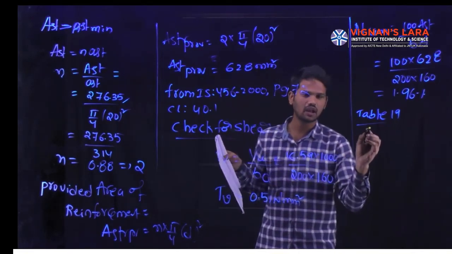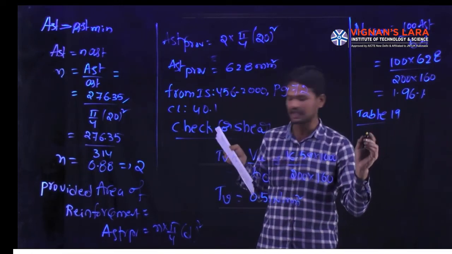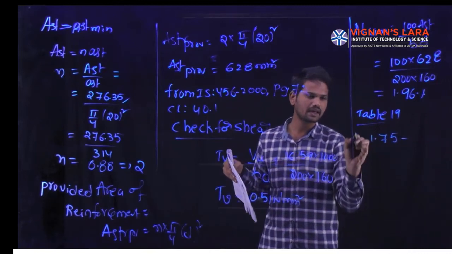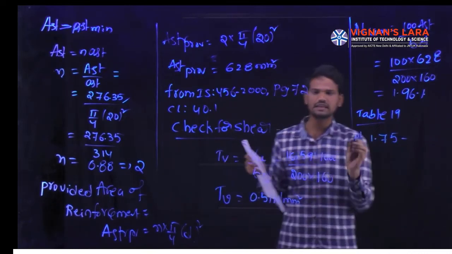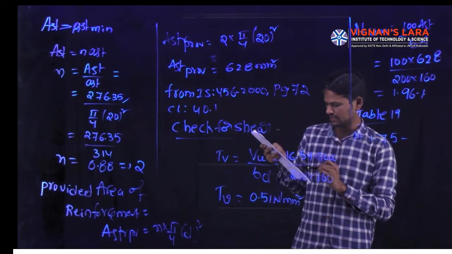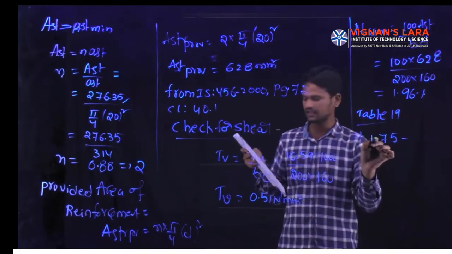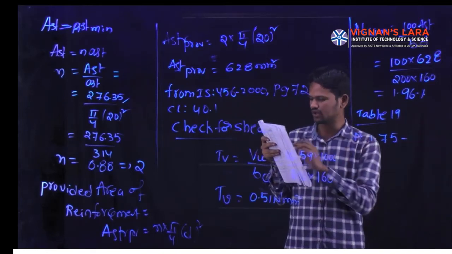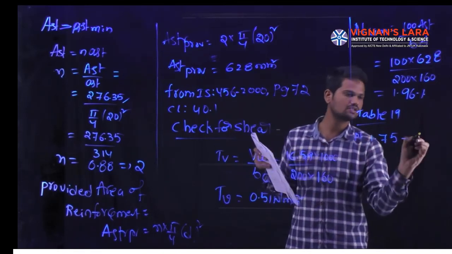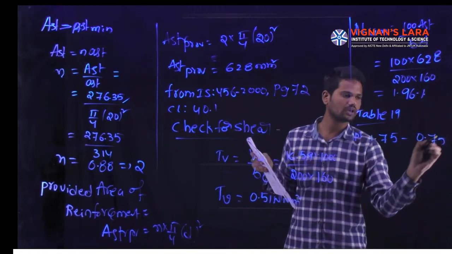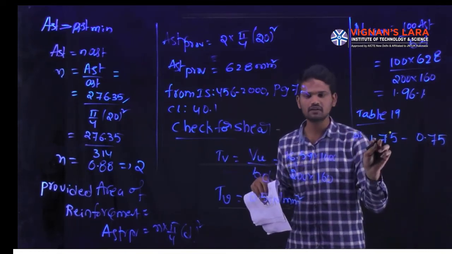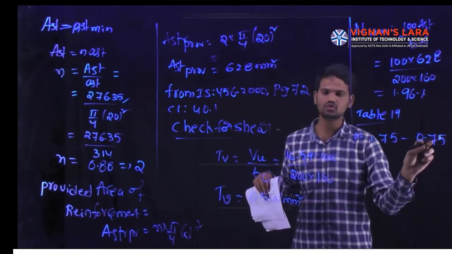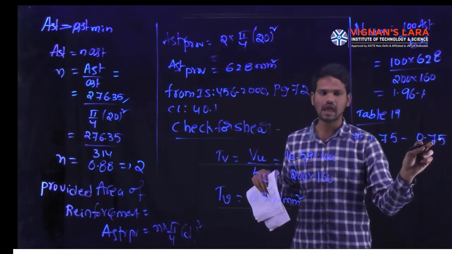Here the given values from table 19: pt equal to 1.75, I am getting the tau c value for M20 grade as 0.75 Newton per mm square.